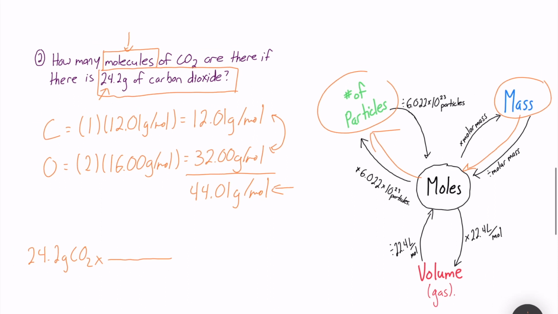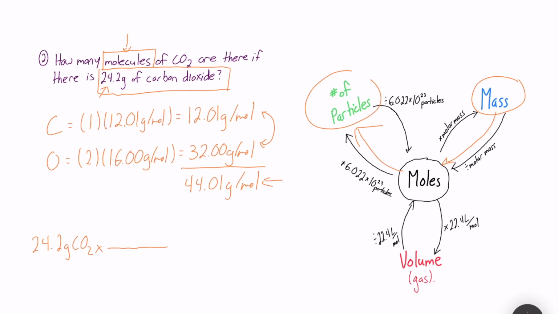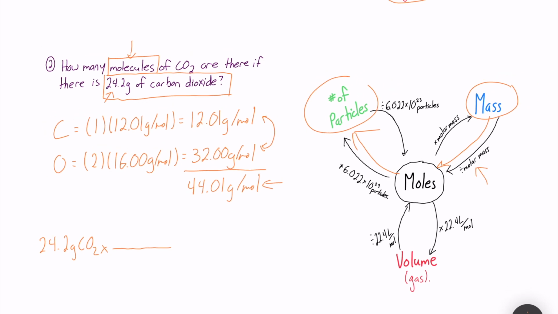And if we take a quick look at our moles roadmap here, in order to get from mass to moles, we must divide by our molar mass, which we found. So it's 44.01 grams of carbon dioxide, so CO2, and that is for every 1 mole of CO2.